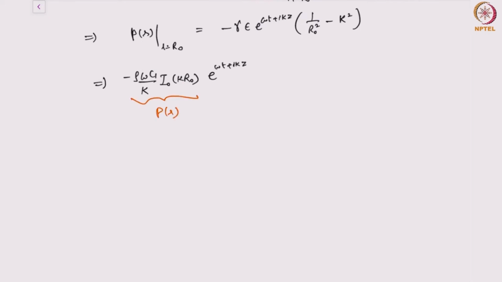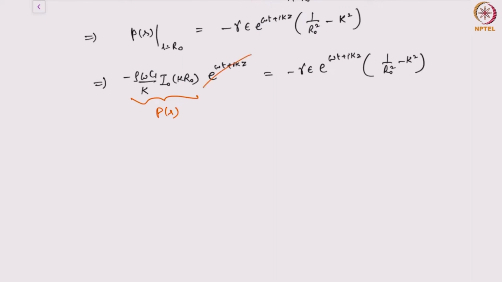This part is capital P of R. That is the definition of small p, the perturbation pressure. The pressure inside is capital P times e power omega t plus ikz. That's the normal mode form. This would be equal to minus gamma epsilon e power omega t plus ikz times this quantity.